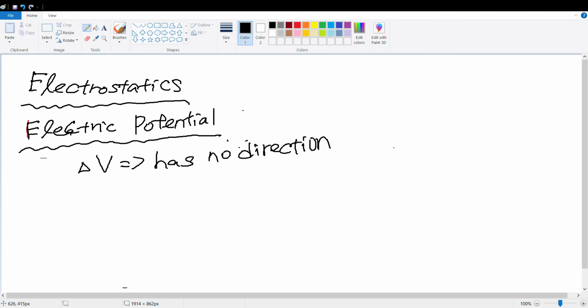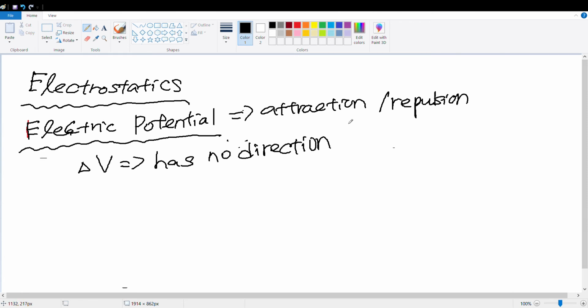So it's totally different from the gravitational potential energy and gravitational potential.